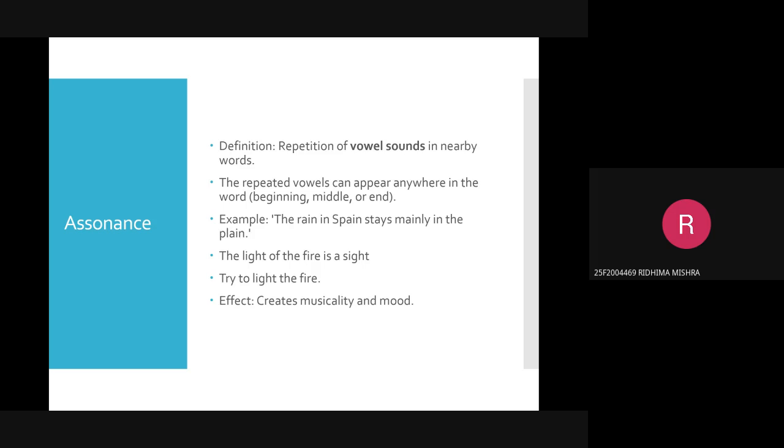Light in the word light and also in sight. It's not E exactly, otherwise it will be pronounced as leet. It's not that. So it's not E, but it's I.